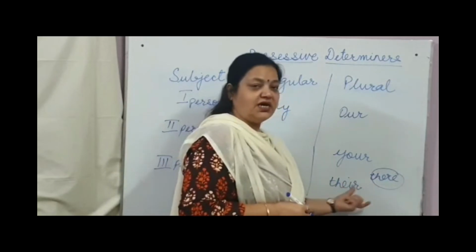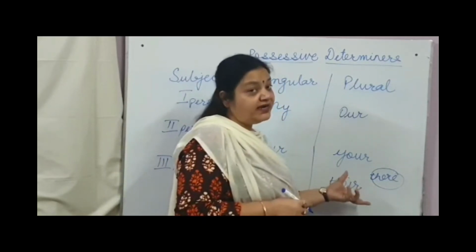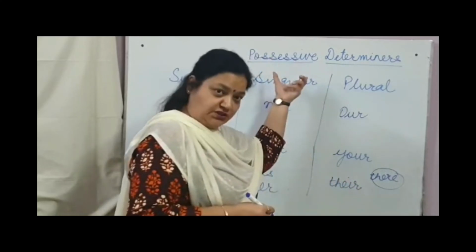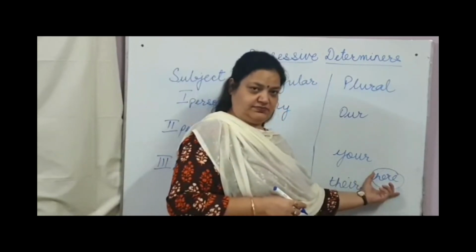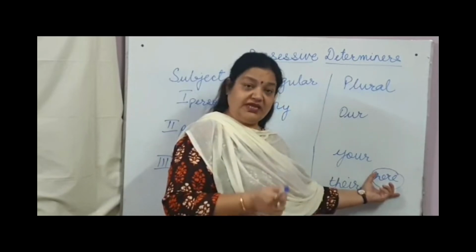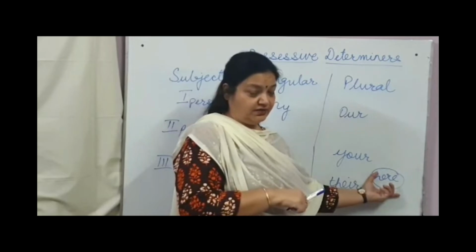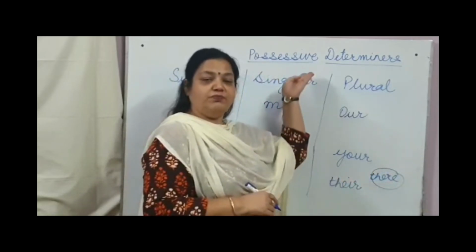These two words are though pronounced similarly, but they mean quite different. Here, their shows your possession, and this there shows the place where the action is done, or it is pointing to a place. There, it's an adverb. It's not a determiner. There is a place, and this their shows the possession.